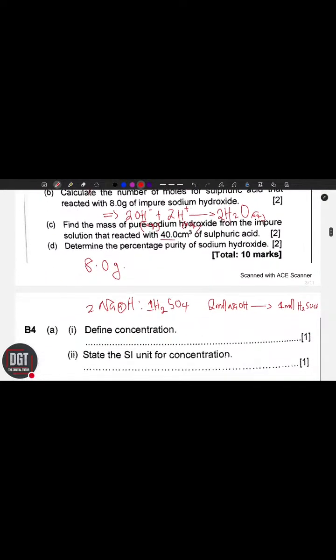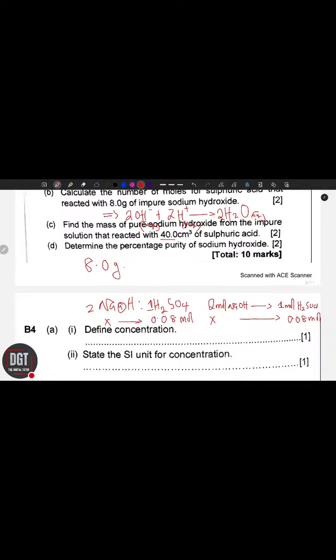Okay, and we found it to be 0.08 moles. Then here we do not know, so we're going to say X moles of sodium hydroxide. Then of course here we have 0.08 moles.